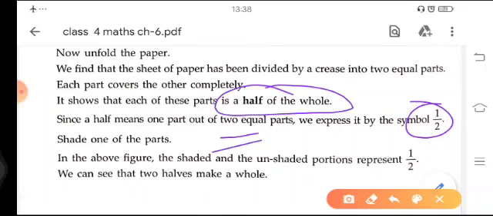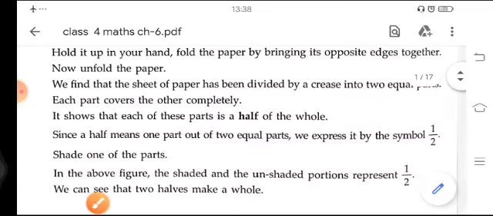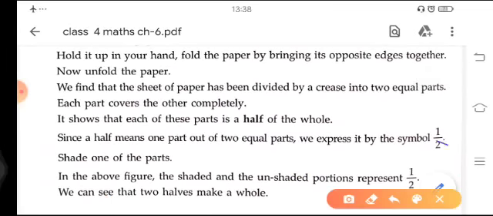And we will write it 1 upon 2. The denominator, the number written at the bottom side, represents the whole, and the upper part of the number represents the part of the collection.